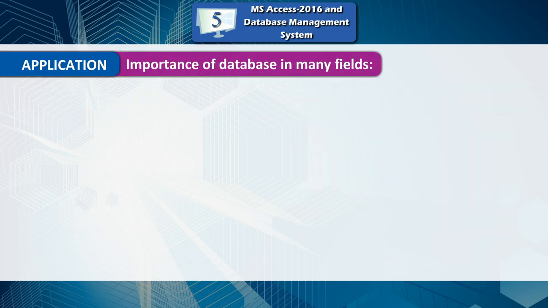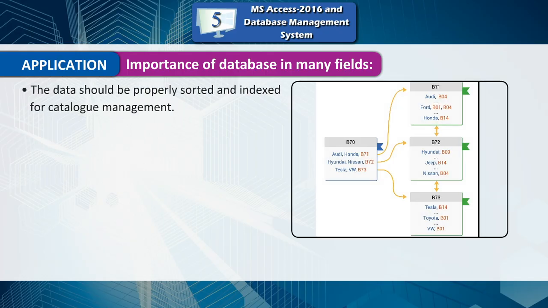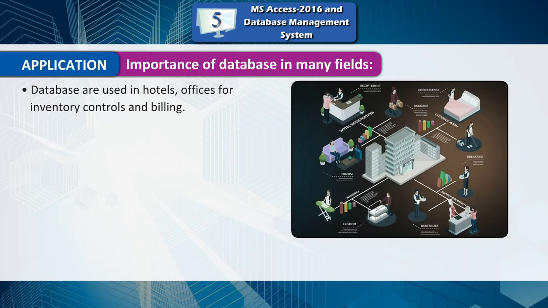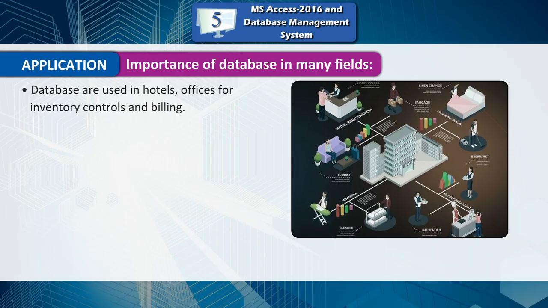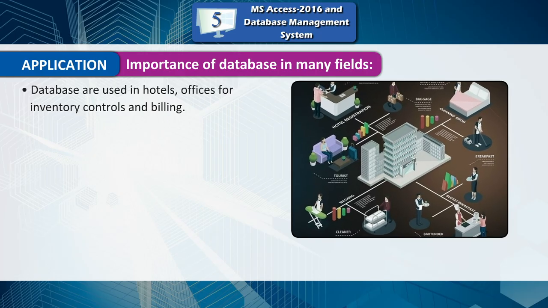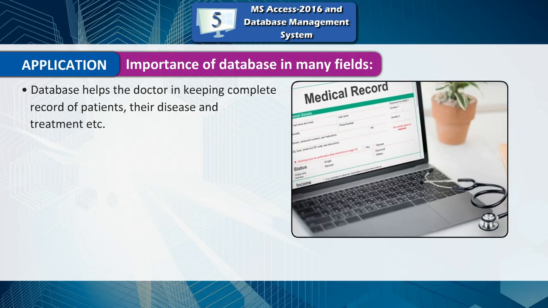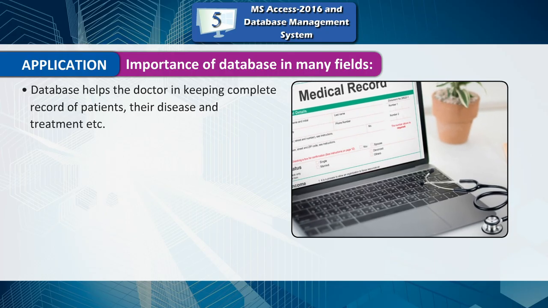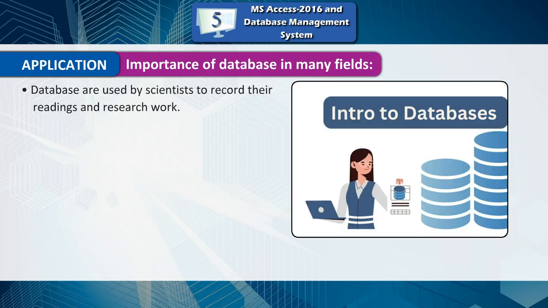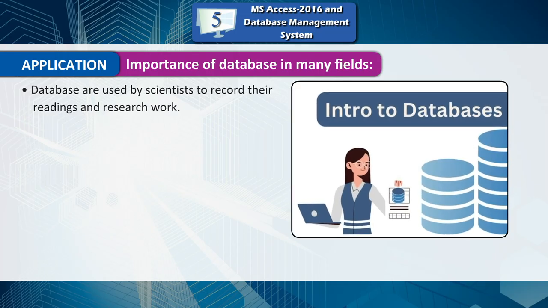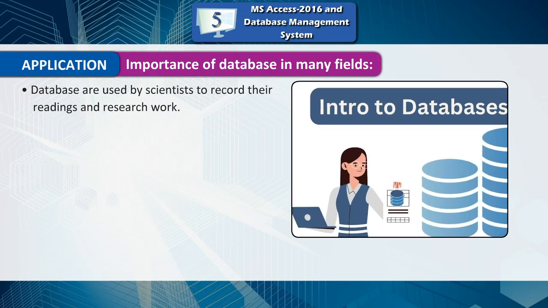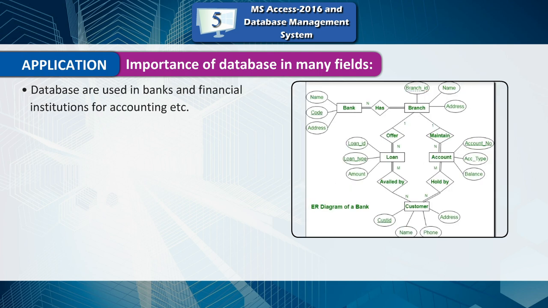Importance of database in many fields. The data should be properly sorted and indexed for catalog management. Databases are used in hotels and offices for inventory control and billing. Database helps the doctor in keeping a complete record of patients, their disease and treatment, etc. Databases are used by scientists to record their readings and research work.